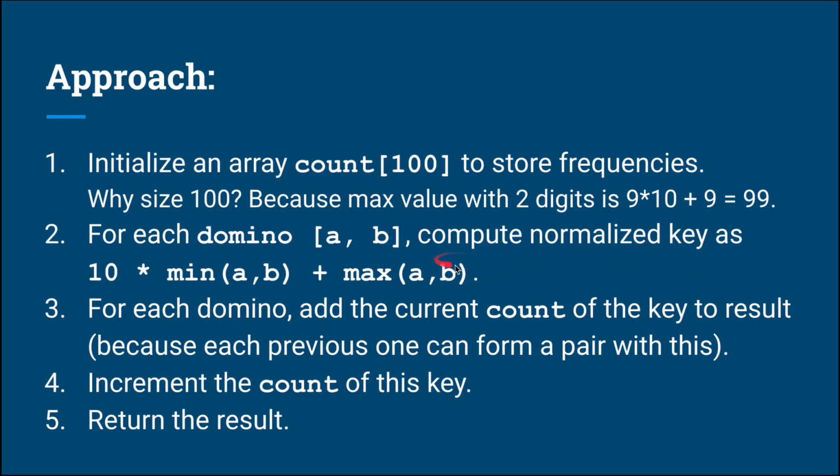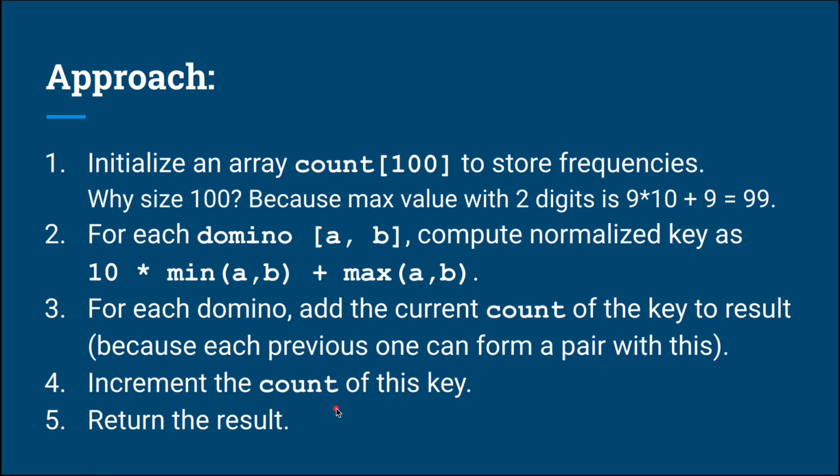For each domino, we have to add the current count of the key to the result. After that, increment the count of this key, and we will return the result.